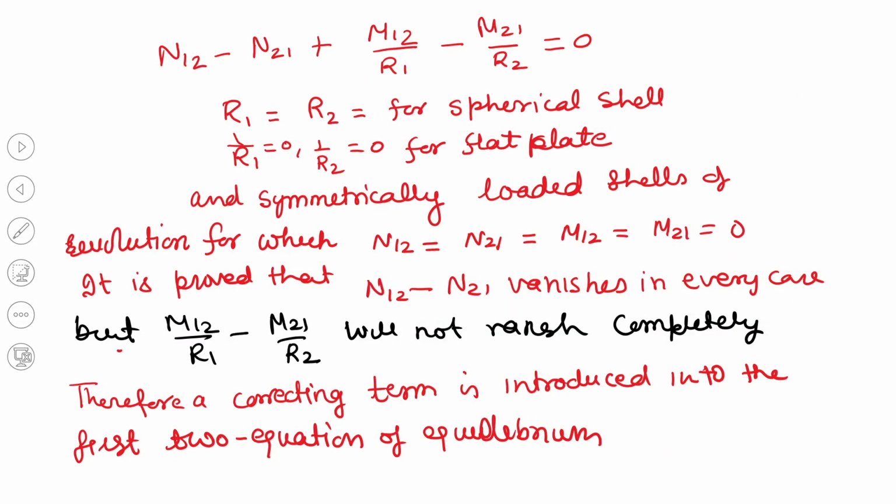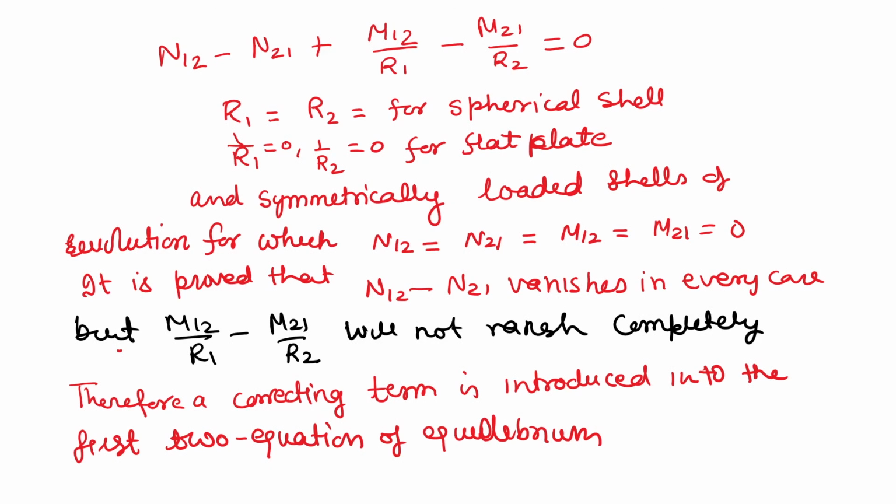So, in most cases, when we have a spherical shell where R1 equals R2, this equation is identically satisfied, equal to 0. When we say it is a flat plate, this equation is also satisfied.